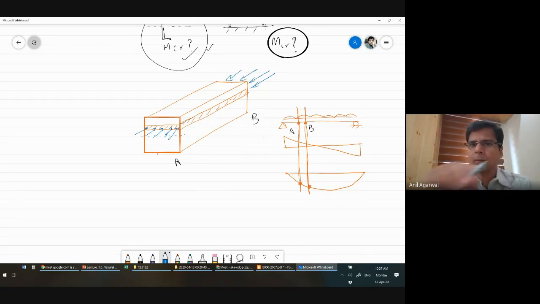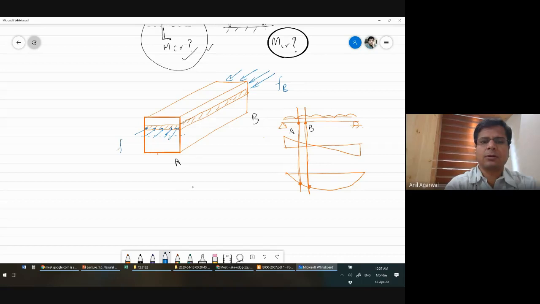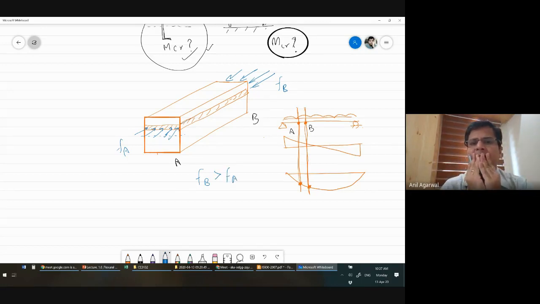The compressive force at B, FB, is larger than FA, isn't it?